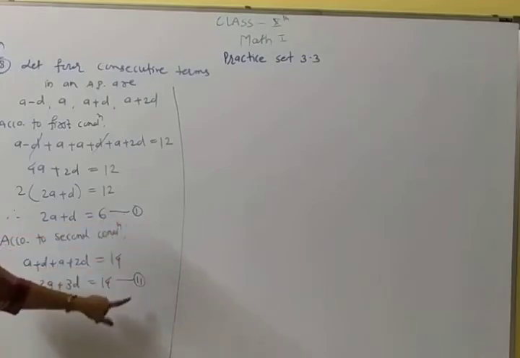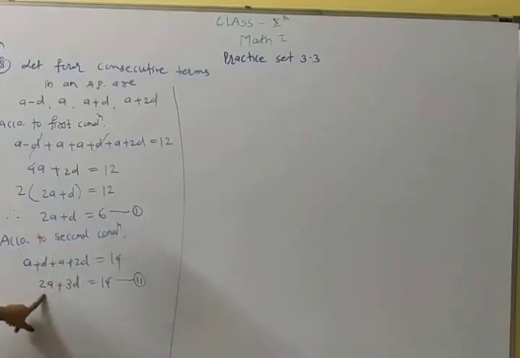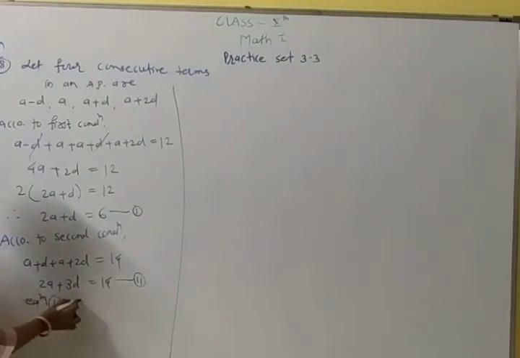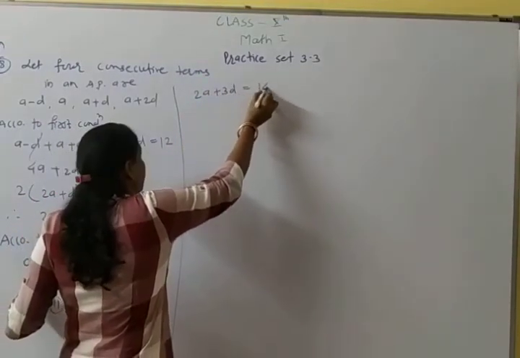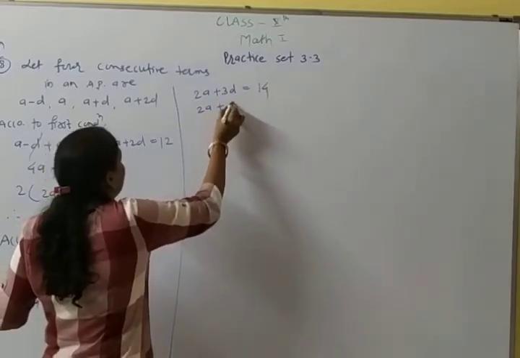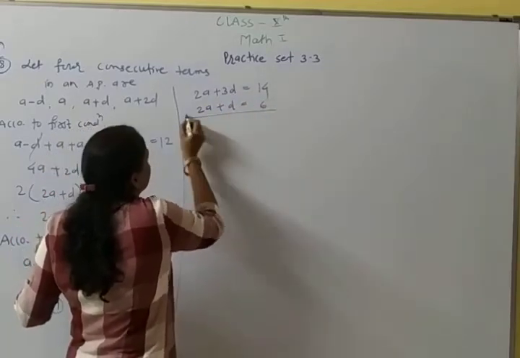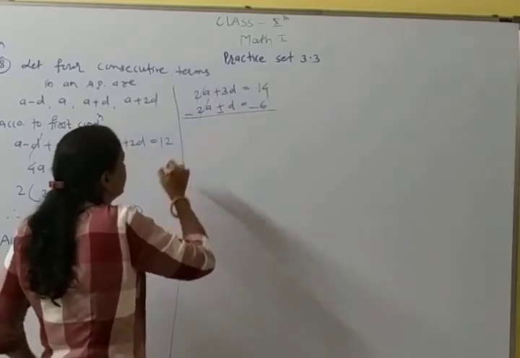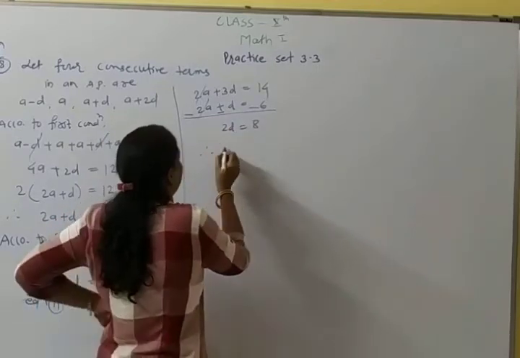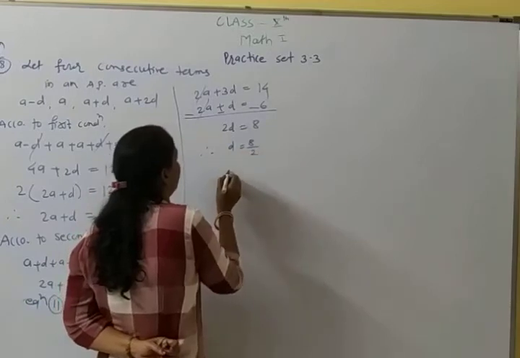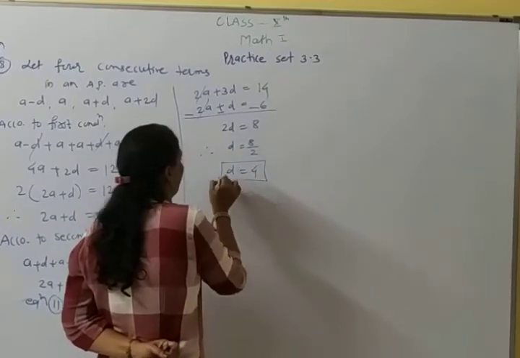Here 2a is the same in both, so subtracting equation 1 from equation 2: 2a plus 3d equals 14, 2a plus d equals 6. The sign changes, 2a cancels, and 3d minus d is 2d equals 14 minus 6, that is 8. Therefore d equals 8 upon 2, and d equals 4.